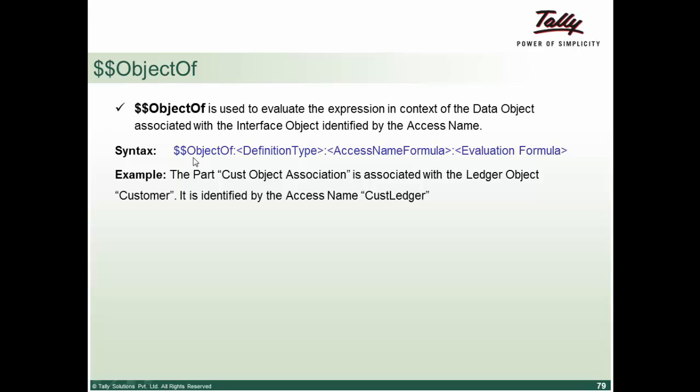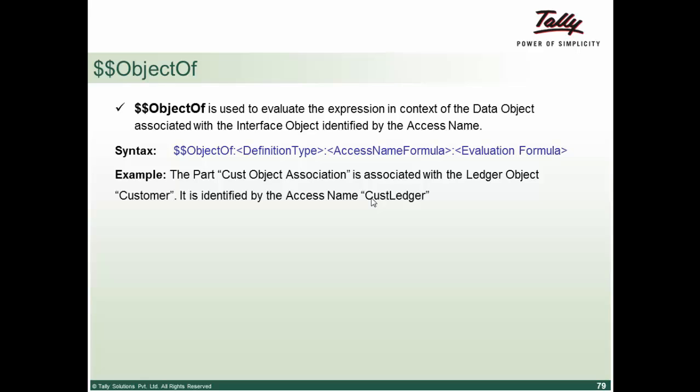Syntax is object of, definition type, access formula, evaluation formula. The part custom association is associated with the ledger object customer. It is identified by the access name cust ledger. So this is an assumption that we have already made.